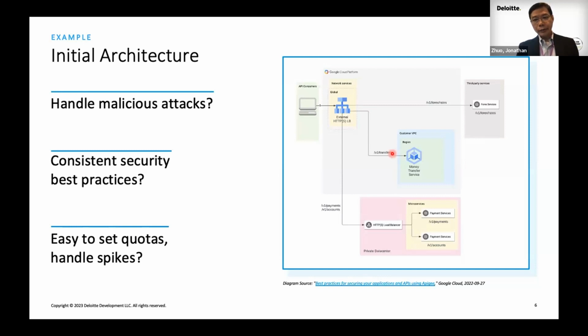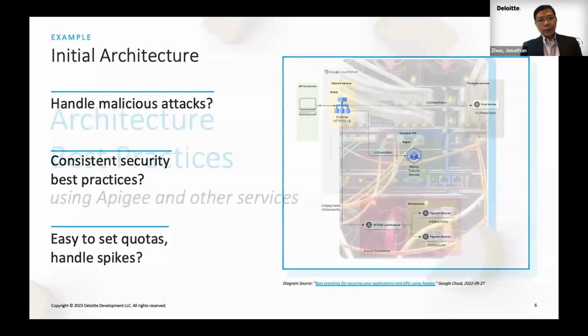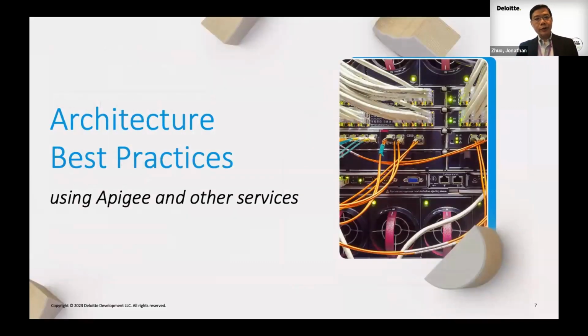It is difficult to set rate limiting, quota, and spike arrest to protect downstream APIs. And without API analytics, it is hard to measure and optimize API performance. So I listed lots of constraints. Then let's look at architecture best practices using Apigee and other services from Google.